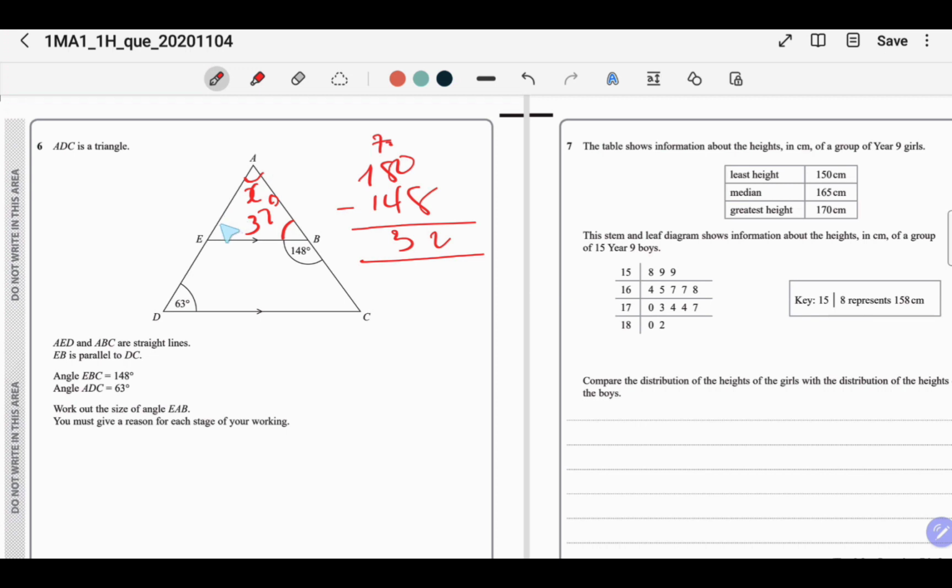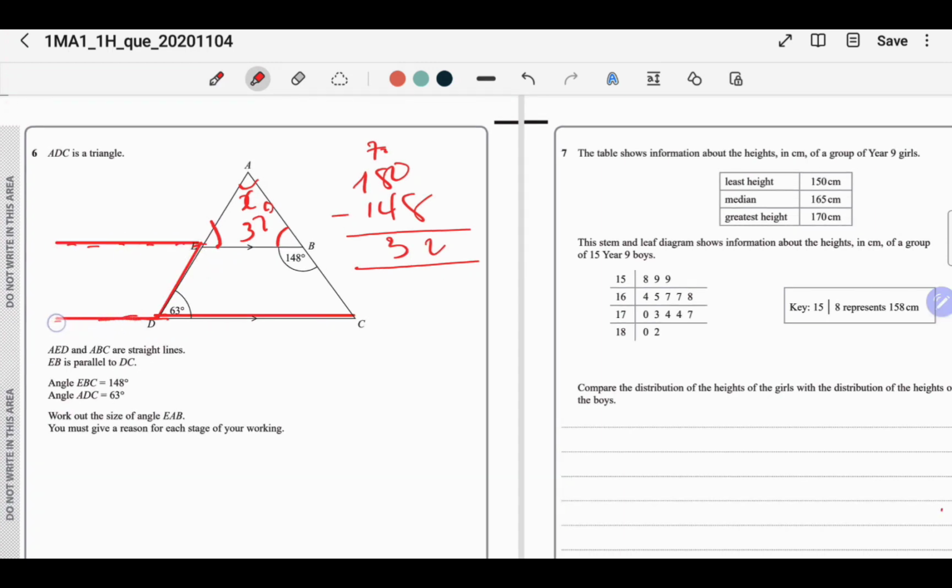Now, we would also need this angle right over here. If I extend this a little bit, let's take a look at what could happen. If this is an angle formed by 2 parallel lines, we should know that these are alternate. So this is 63 degrees.